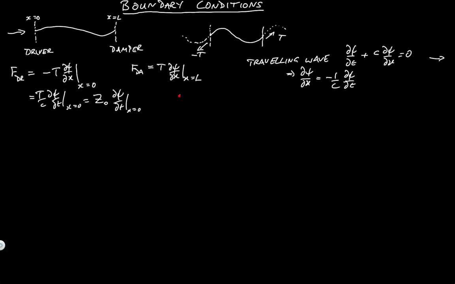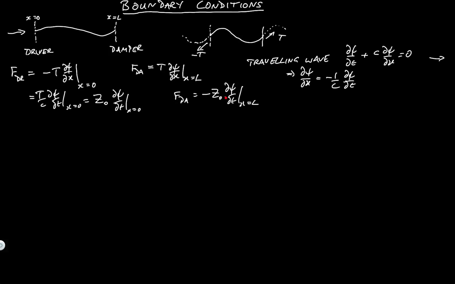And the damping force, F damping, is just equal to minus Z0 d psi by dt at x equals L. Now, these signs make sense. The driving force is where we're putting energy into the system, so that should be positive. The damping force, we're taking energy out of the system. So that's for mimicking an infinite wave.